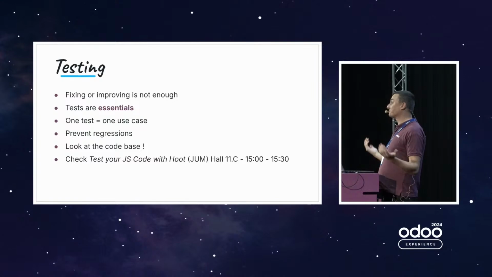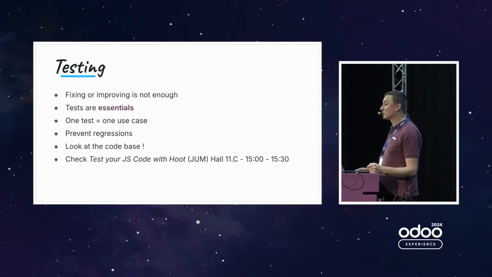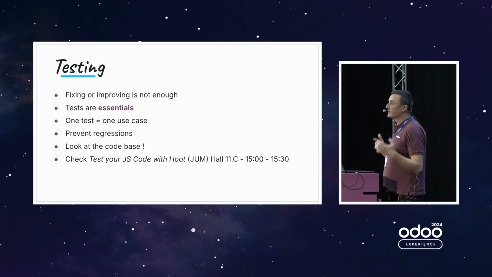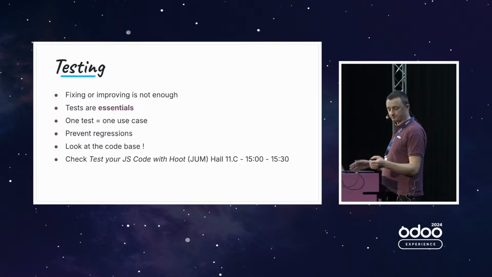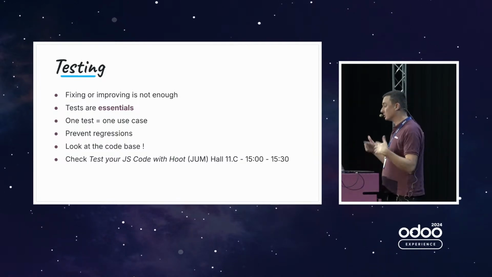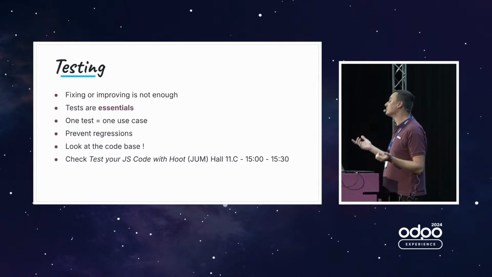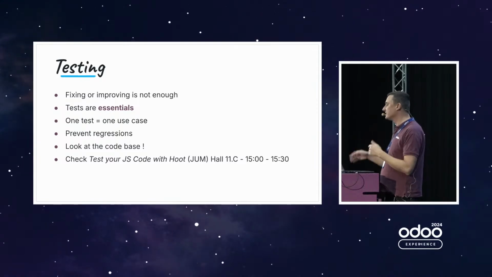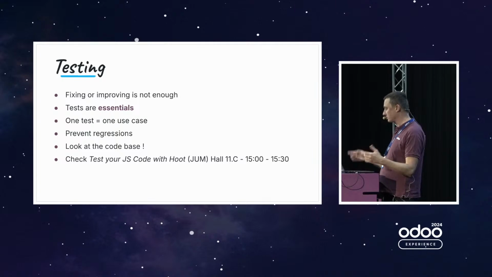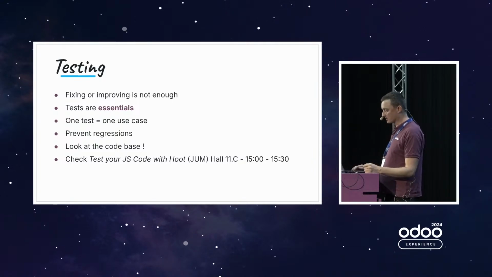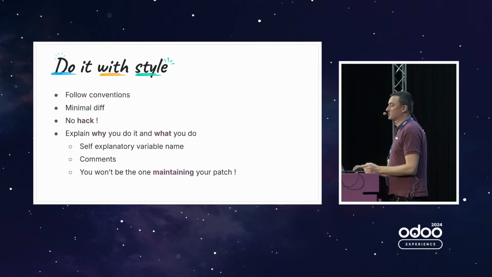You have a lot of examples in the code base, so don't hesitate to check. There is probably already a test in the code base that is doing almost what you want, so it's really easy to just take inspiration. Do it your style.